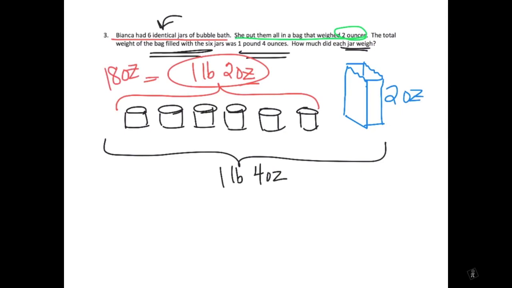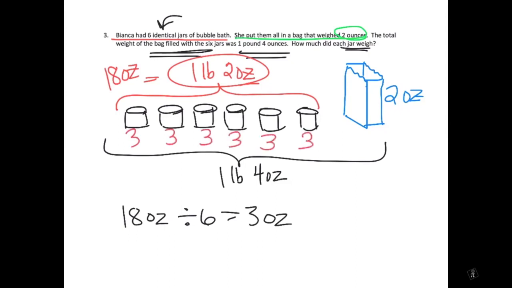We have 6 jars, so 18 ounces divided by 6 jars gives us 3 ounces. So each jar is 3 ounces. If we added up all those threes, that would give us 1 pound, 2 ounces, plus the extra 2 ounces of the bag gives us 1 pound, 4 ounces. So each jar weighed 3 ounces.